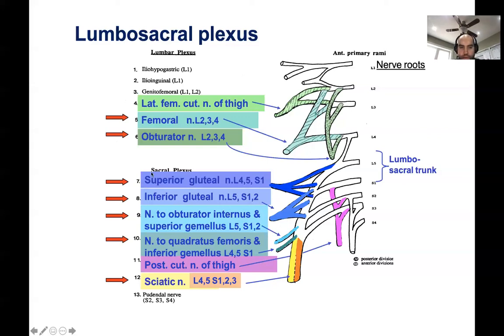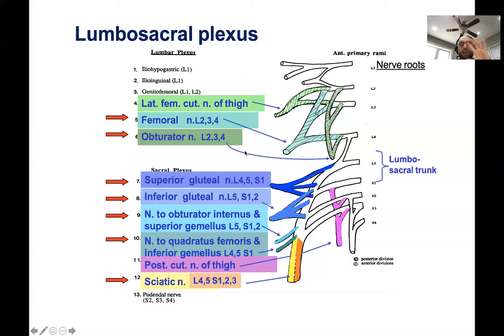Okay, moving on. We got the superior gluteal nerve, and its origins are from L4, L5, and S1. This nerve emerges posteriorly, so it comes up from the back, and it's named based on where it comes out of.